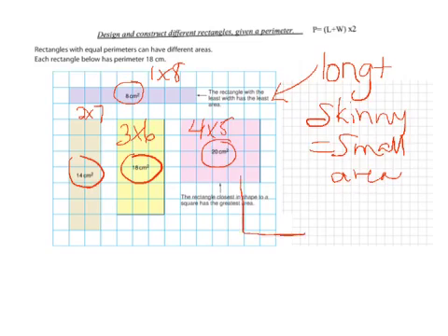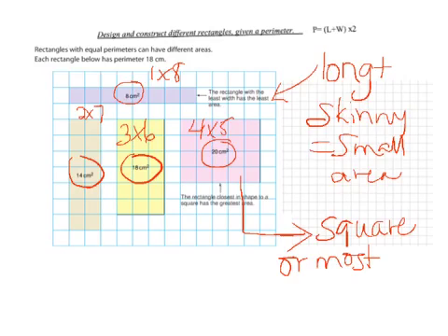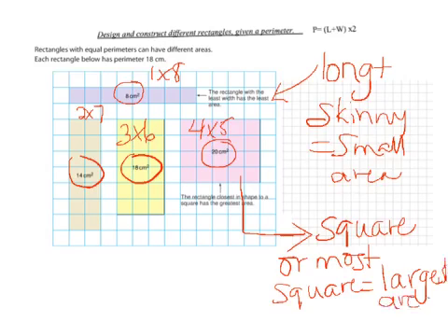Whereas rectangles that are more square, or an actual square, or most square, because some we can't actually make an actual square, will have the largest area. So watch for that. That's a math generalization that we can make.